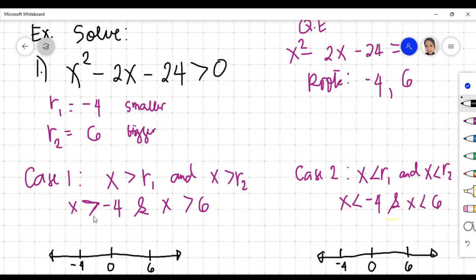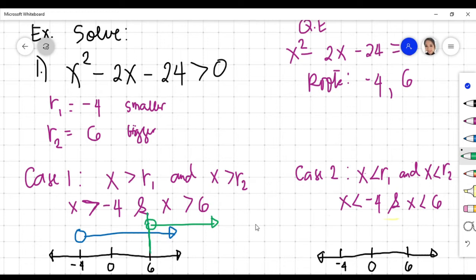So these two are both unshaded, and that would be, let's put an unshaded circle above -4, and it moves to the right side. And for x greater than 6, let's have an unshaded circle above 6, and it moves to the right. So notice that on the graph, it intersects on this portion, right?